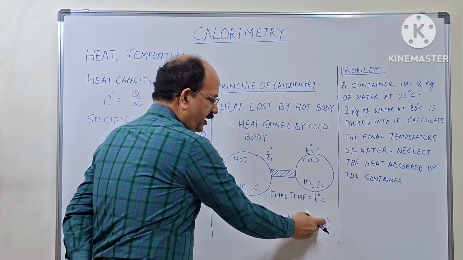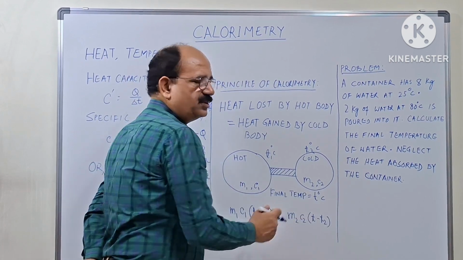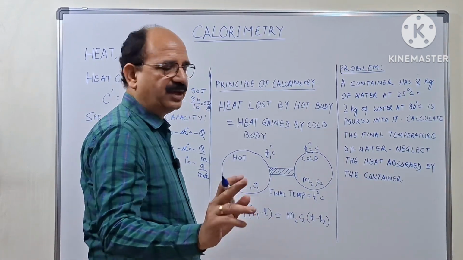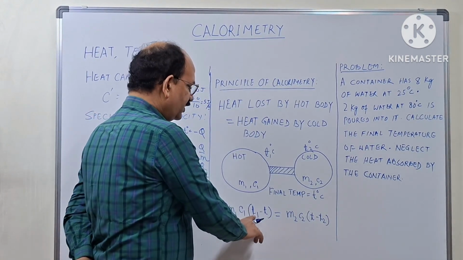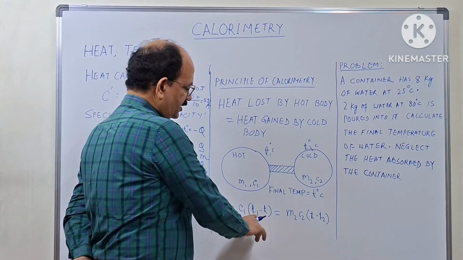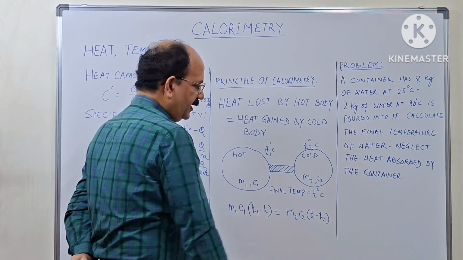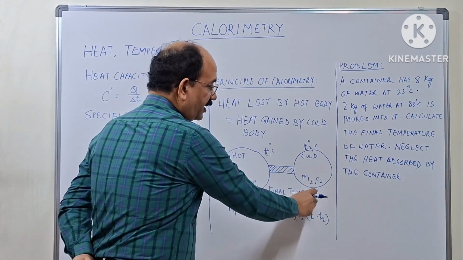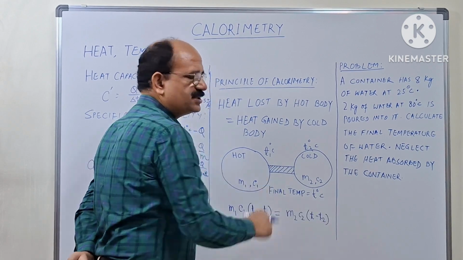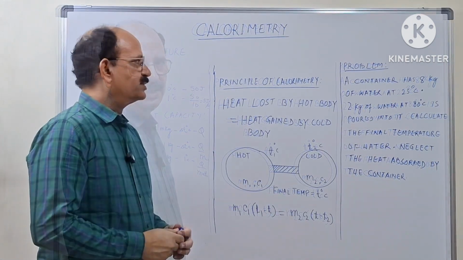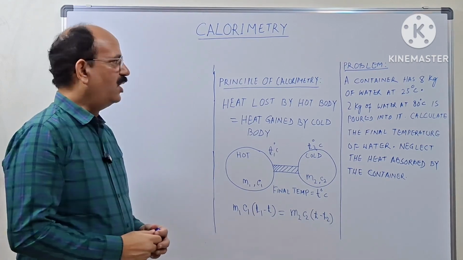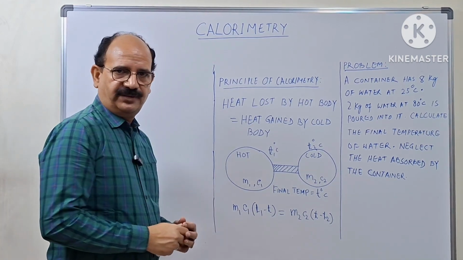Therefore, T minus T2 is the temperature change. Be careful about this. In the first one, it is T1 minus T, because the body is hotter, so this temperature is high. In this case, the cold body reaches the higher temperature, therefore it is T minus T2. Right? So now let us see how we use the principle of calorimetry.